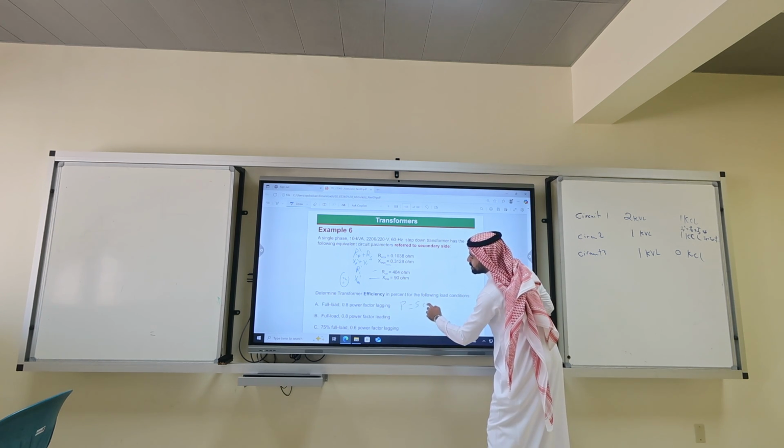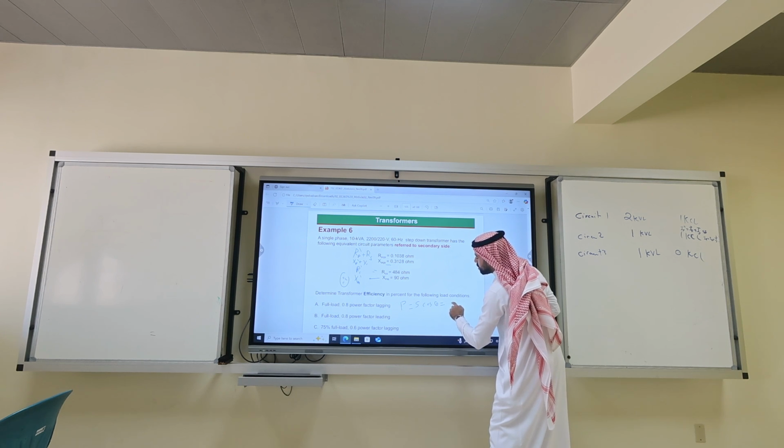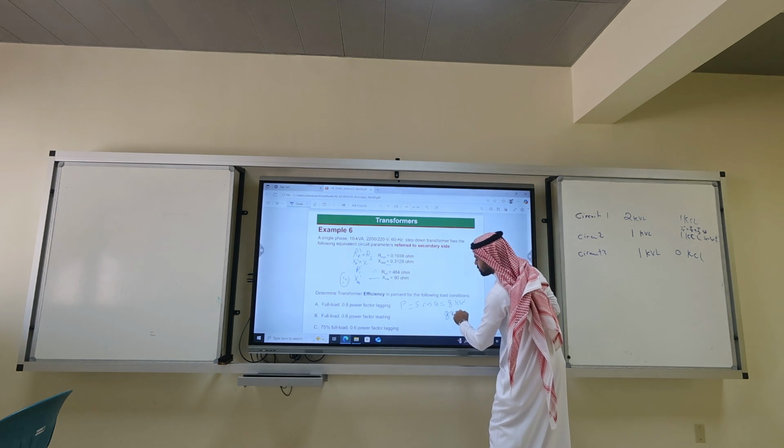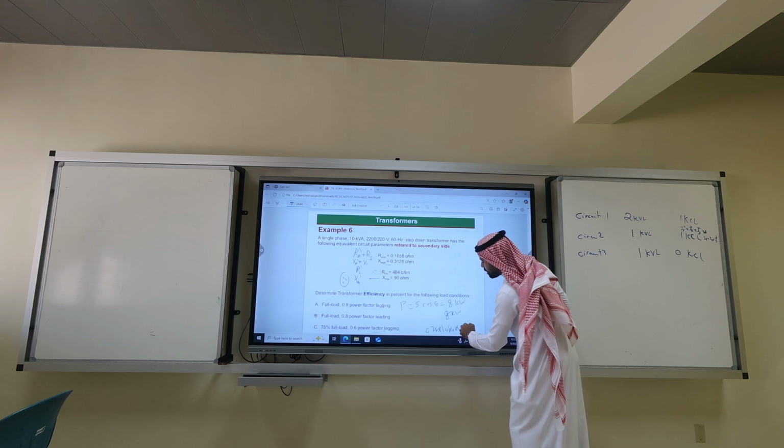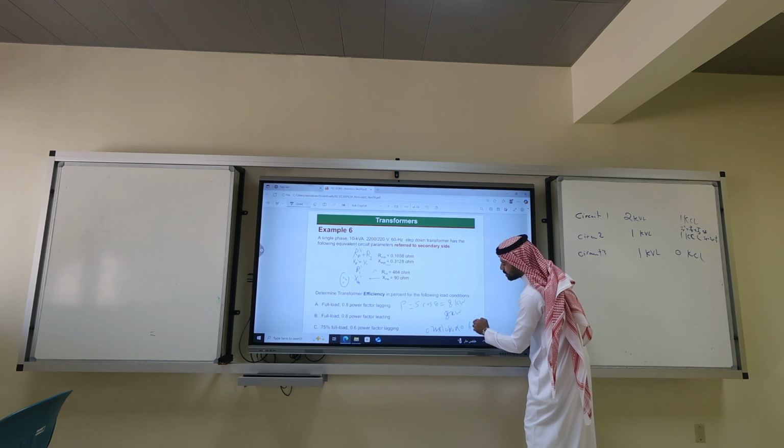Is it S cosine theta, right? Yes. So it is what? 8 kilowatt. In part B it's also 8 kilowatt. In part C, 0.75 times 10 kVA times 0.6 kilowatt.